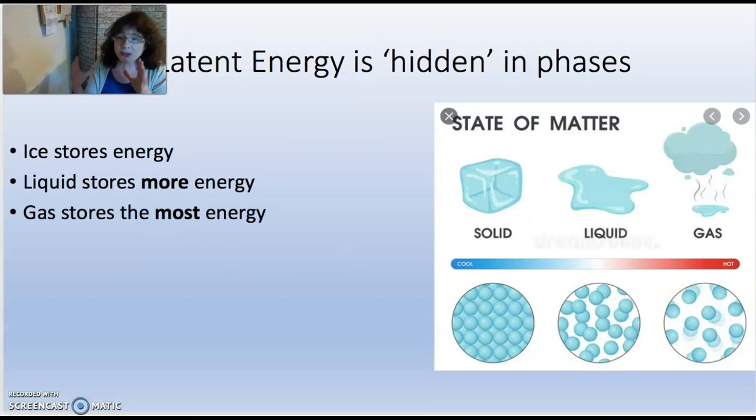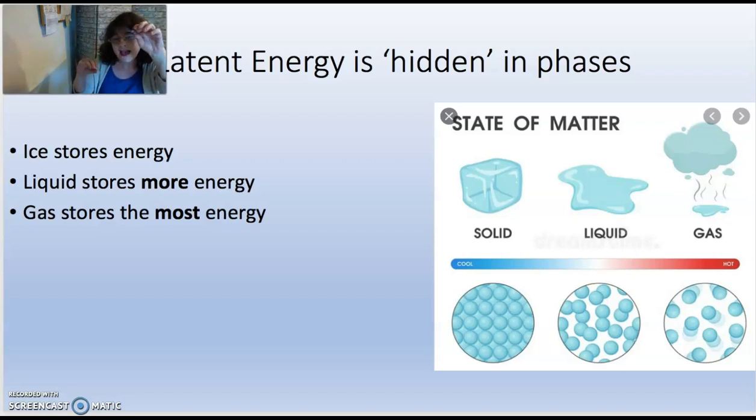Ice does store energy in its strong bonds. When it melts and becomes water, the bonds that have broken store their energy in the higher state, the water state. The water state has more energy than the ice state.